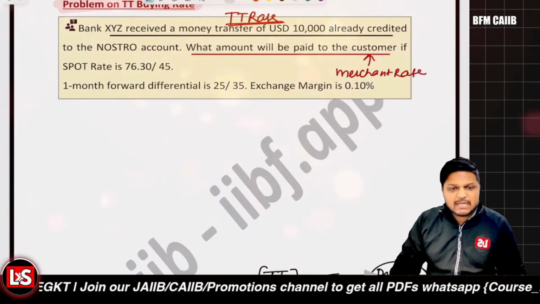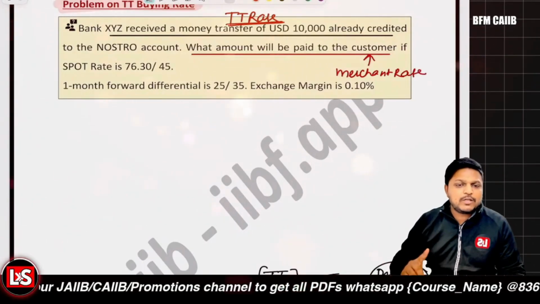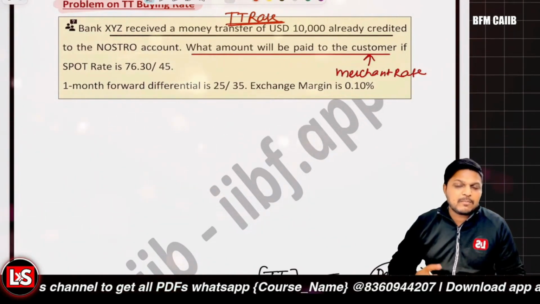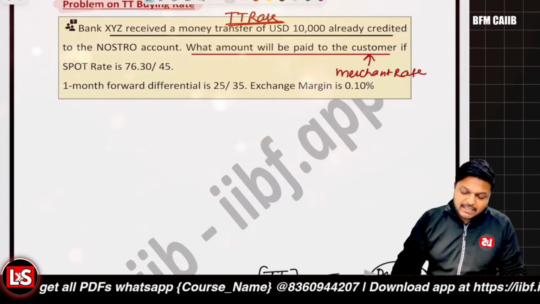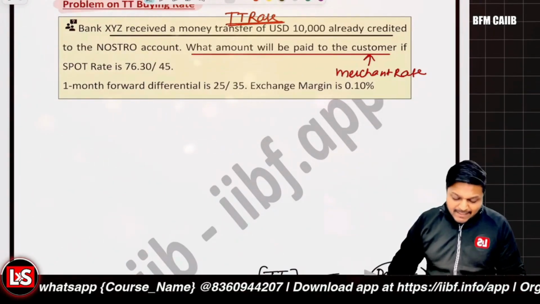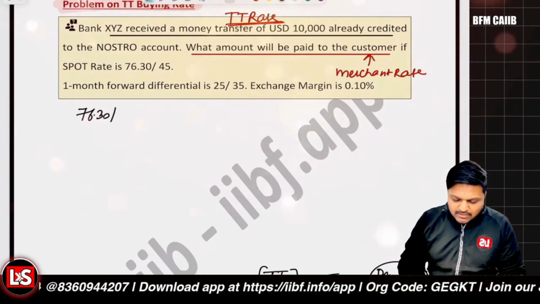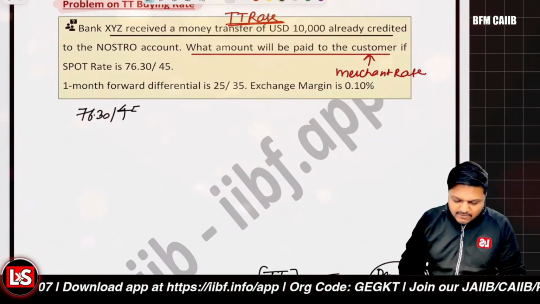We are to think from the bank's point of view, from the merchant point of view. The spot rate is given to be 76.30 slash 45.